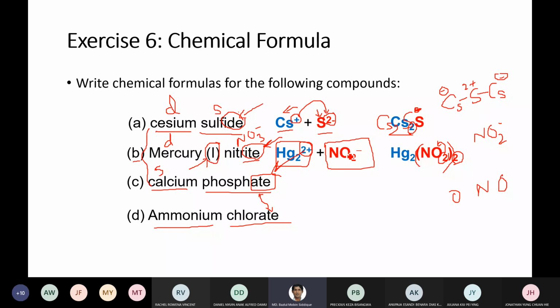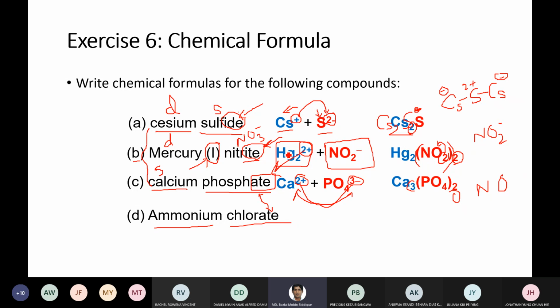Okay, calcium phosphate. Calcium is 2 positive and phosphate is 3 negative. So in this case, what we should do is multiply the 2 here and the 3 here to produce the calcium phosphate compound.